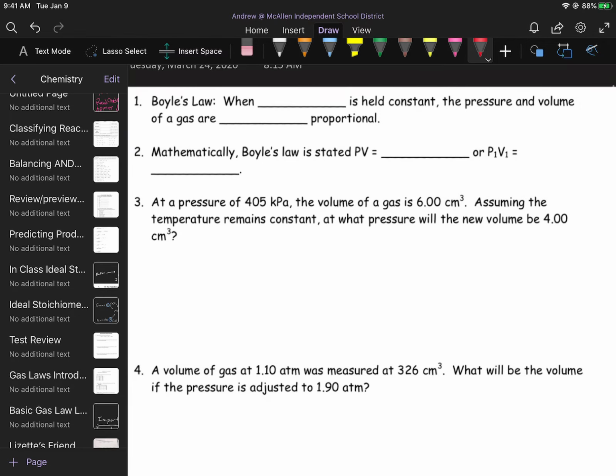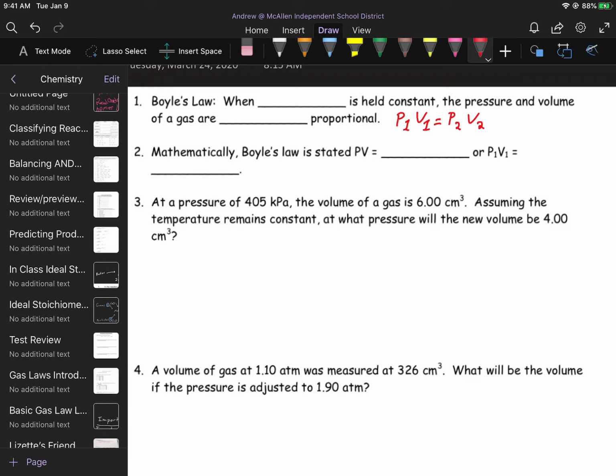Now, this first one, Boyle's law: when blank is held constant, the pressure and volume of a gas are blank proportional. So, Boyle's law is P1 times V1 equals P2 times V2. The 3 variables that we're going to deal with in gas laws are pressure, temperature, and volume.